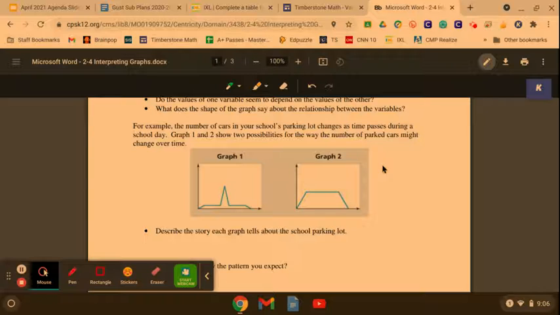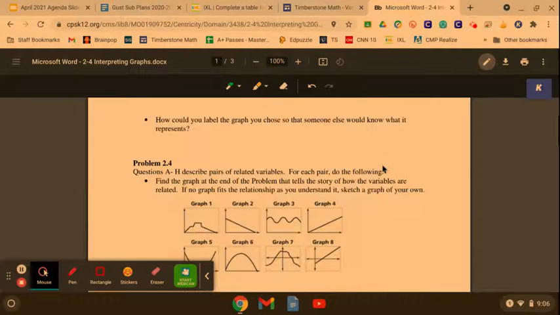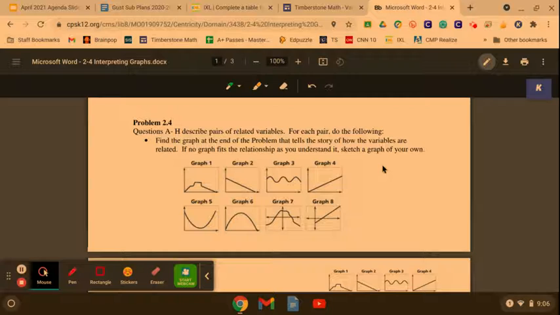And then what I'm going to have you do is draw your own graph for the scenario given and see if you can think about, after you have all of your graphs drawn, which one of these graphs best matches the graph you have drawn. When you're ready and all of your graphs have been drawn, your substitute will have these graphs for you, and then you can go through and see which ones match the graphs that you have, or you can decide if you want to stick with your own graph.